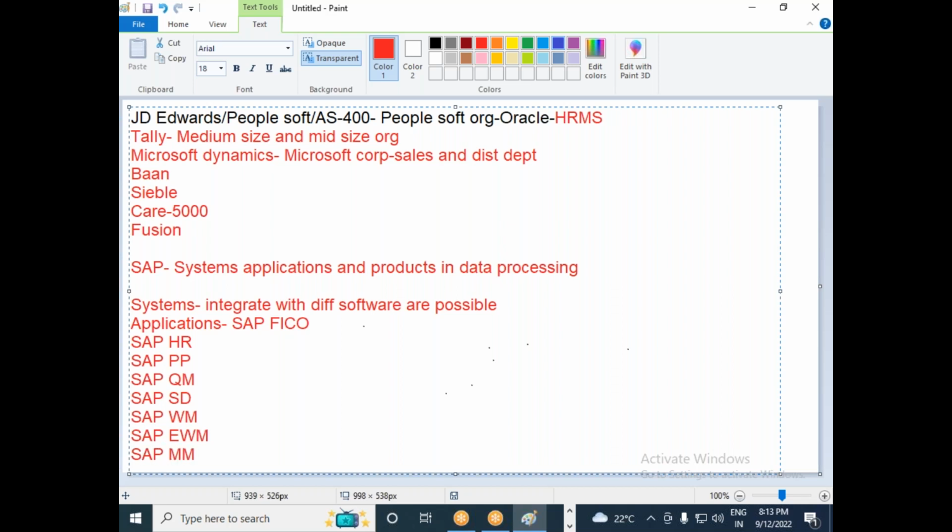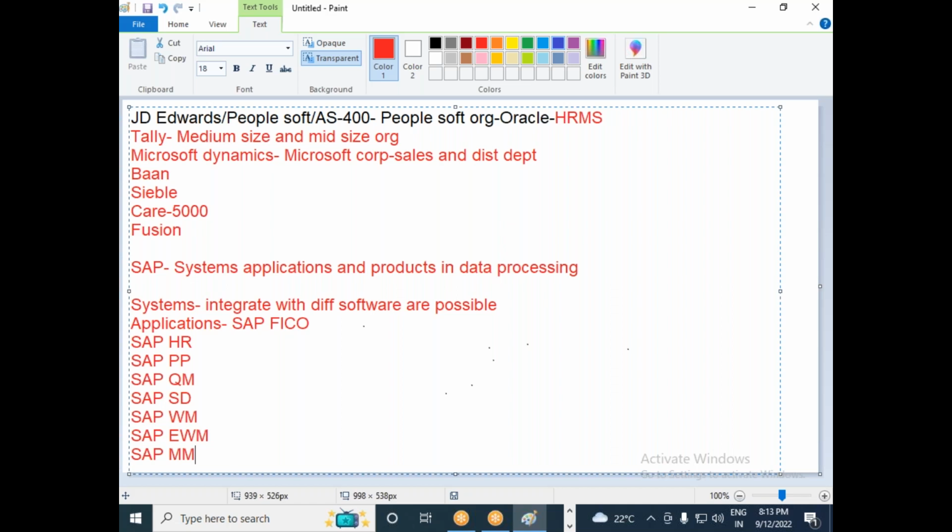So like that, there are almost 20 to 25 different applications available in SAP. But we are trying to learn mainly SAP MM. Based upon your past experience and your knowledge levels, you will be selecting the relevant module and gathering knowledge in that particular module.